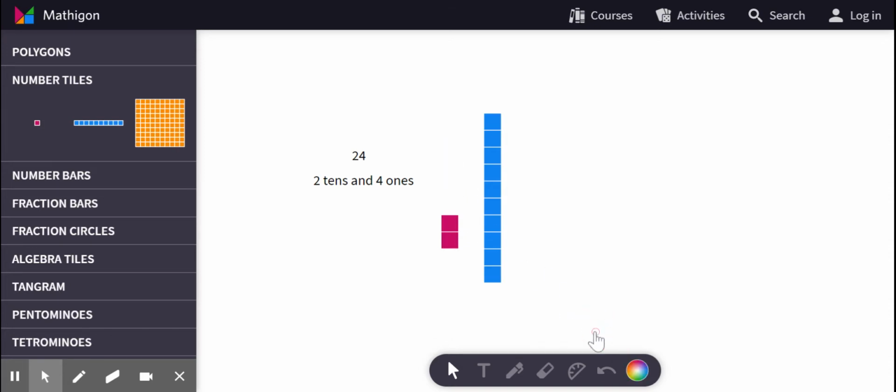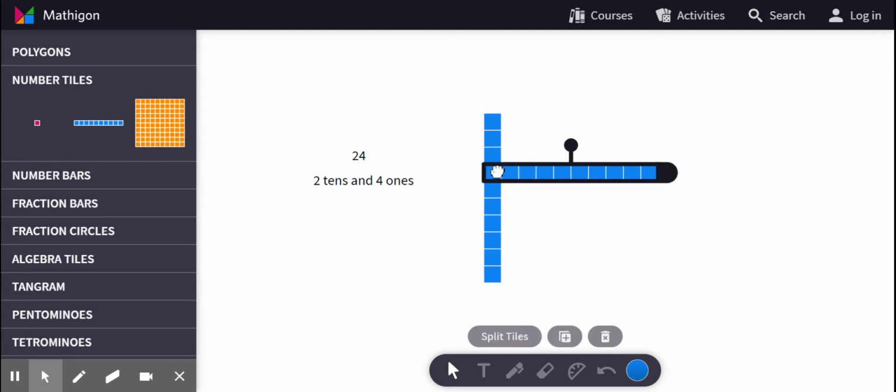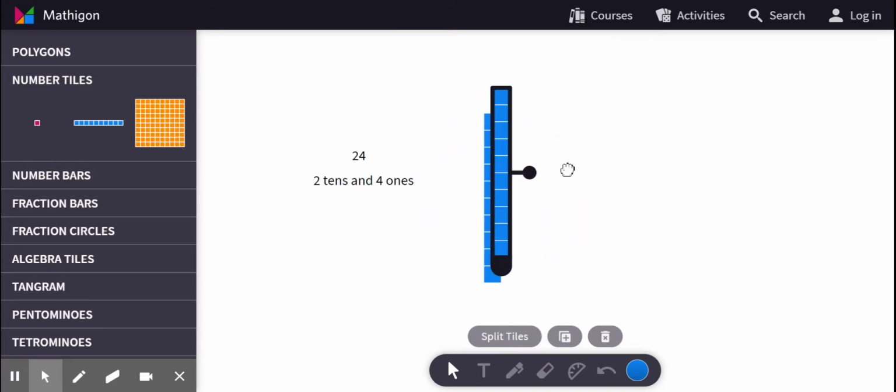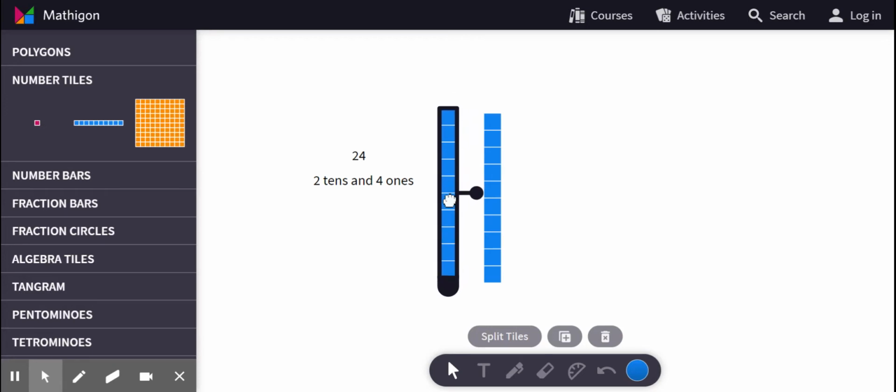Okay, and so how much is that blue worth? This is a 10 rod or a 10 stick, so it's worth 10. I can grab another one and put it here. So now how much do I have?